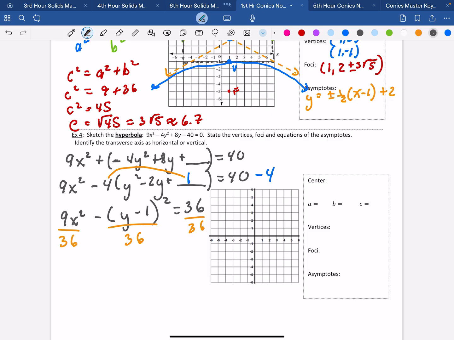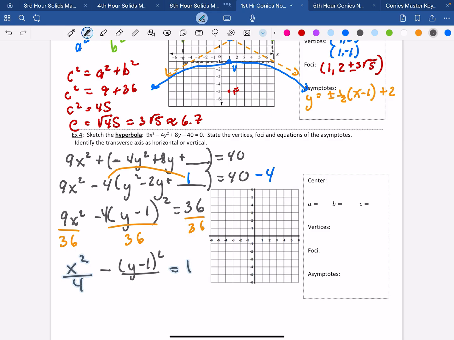Now this yields a 1 on the right. 9 divided by 36 is x squared over 4, I just simplify that fraction. And look at where the negative is. You have the x squared term first, and you have the y term divided by 9, which tells me the orientation. I lost my 4. There it is. I knew I'd get it.